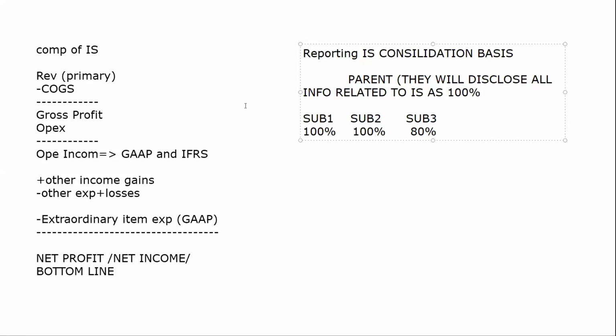Yes, they will disclose everything. They will not disclose only 80% of this branch; they will disclose 100% of this branch. Okay. And each subsidiary will make unconsolidated reporting. Yes, they are unconsolidated financial statements. They are all independent from each other.